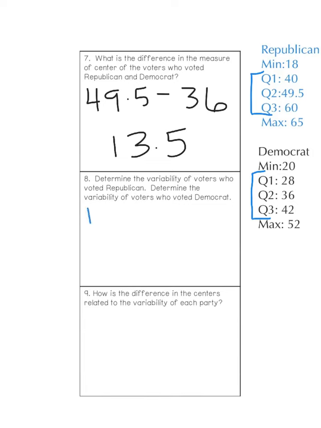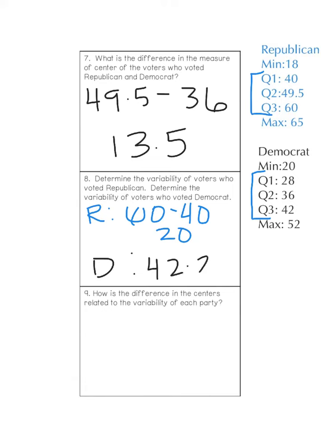For Republicans, quartile 3 is 60, and we're going to subtract 40, which is going to give us 20. And for the Democrats, quartile 3 is 42, and we're going to subtract 28, and that is going to give us 14 as our variability.